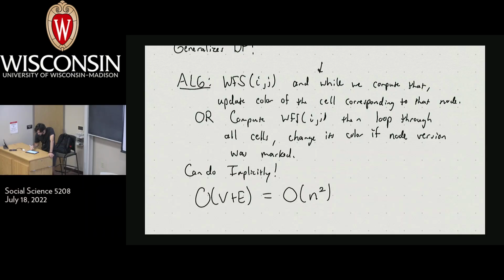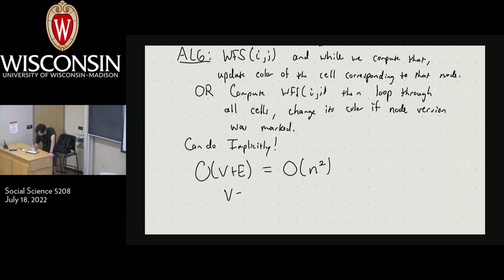So how many vertices are there? Exactly n squared. How many edges are there? Well, there's at most 4 edges per node, so let's make it less than or equal to 4n squared. So overall, it's going to be O of n squared, which is really fast, actually.